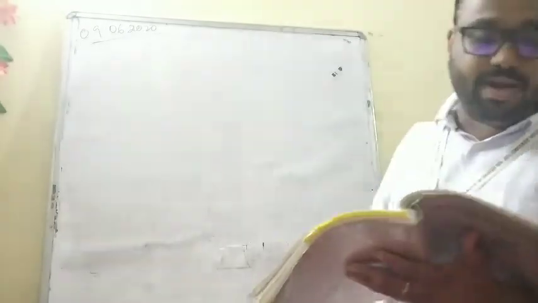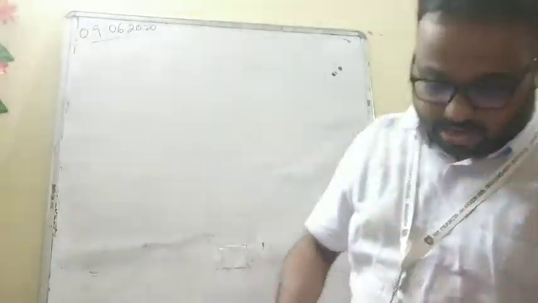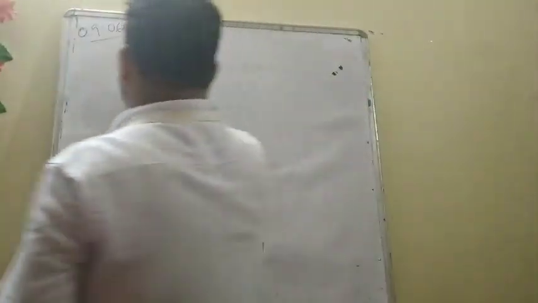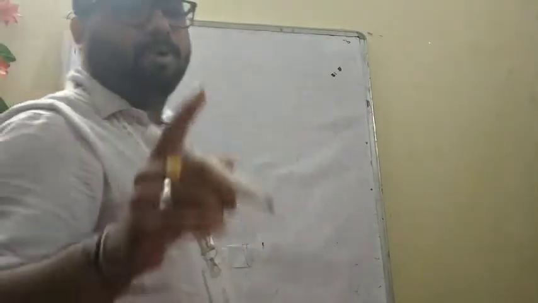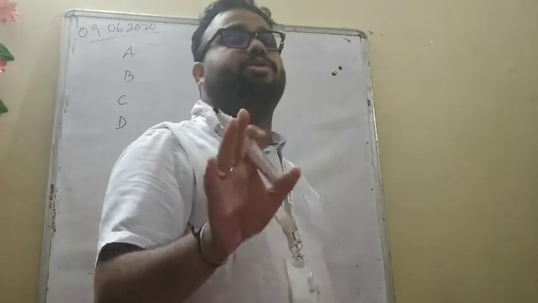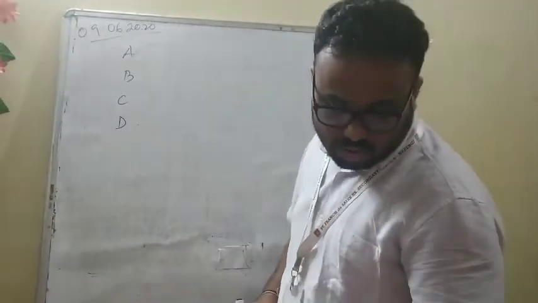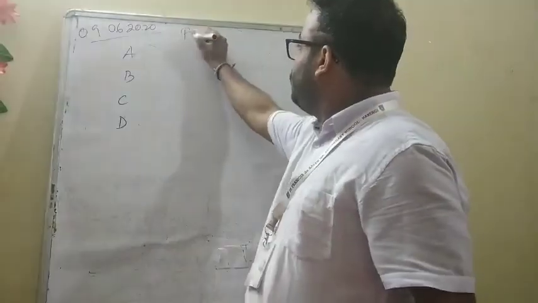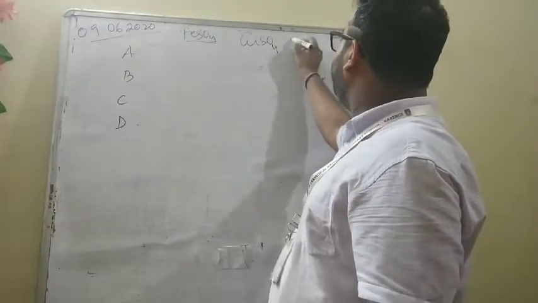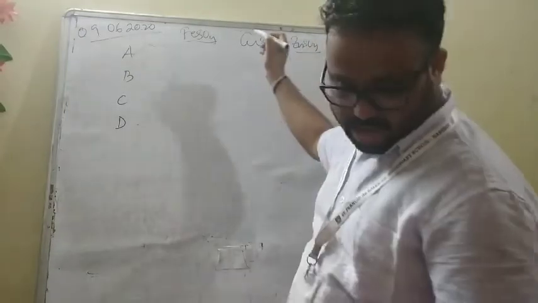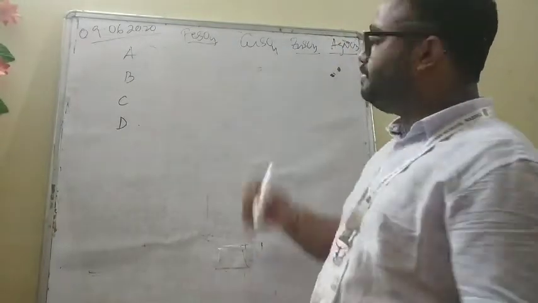Metals A, B, C, D are given, with iron sulfate, copper sulfate, zinc sulfate, silver nitrate. It's a very important question of this chapter, so please see. They have given you 4 solutions: ferrous sulfate, copper sulfate, zinc sulfate, and silver nitrate. Clear?